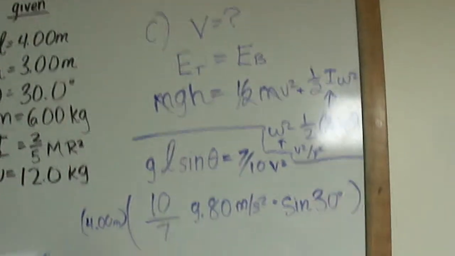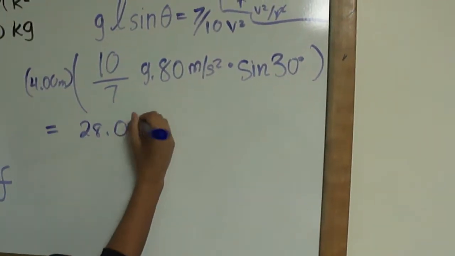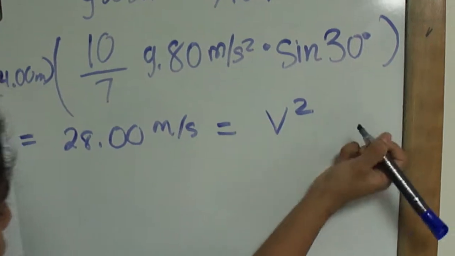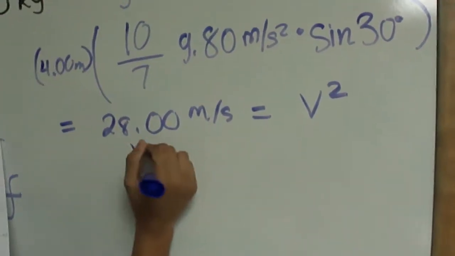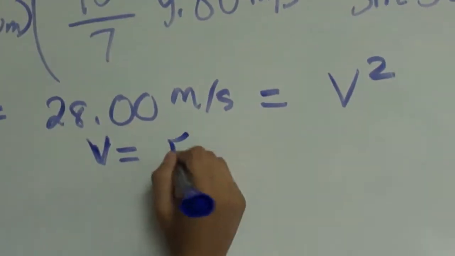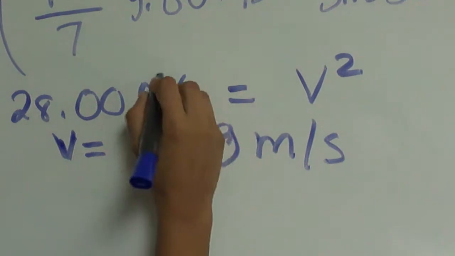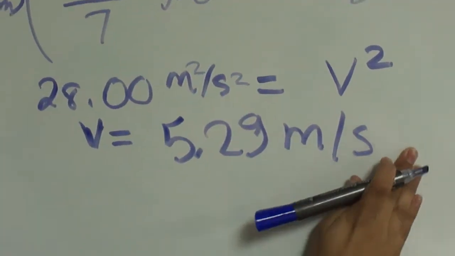So this all equals 28.0 meters squared per second squared, which equals v squared. We take the square root of both sides, and we get that v is equal to 5.29 meters per second. So this is our velocity.